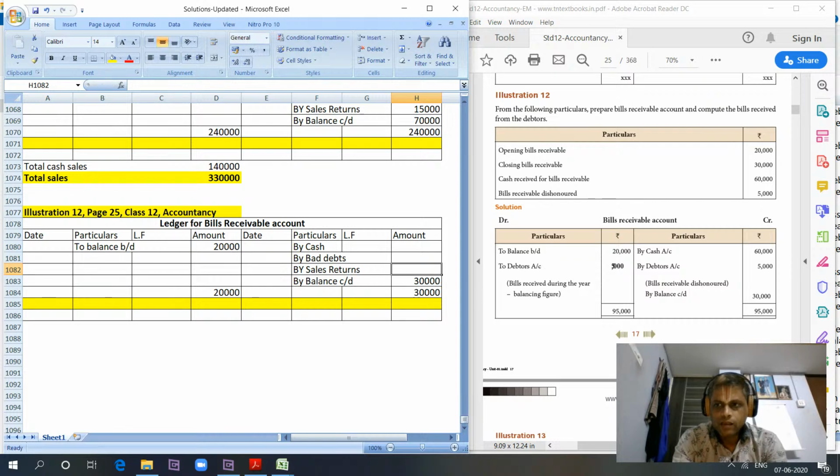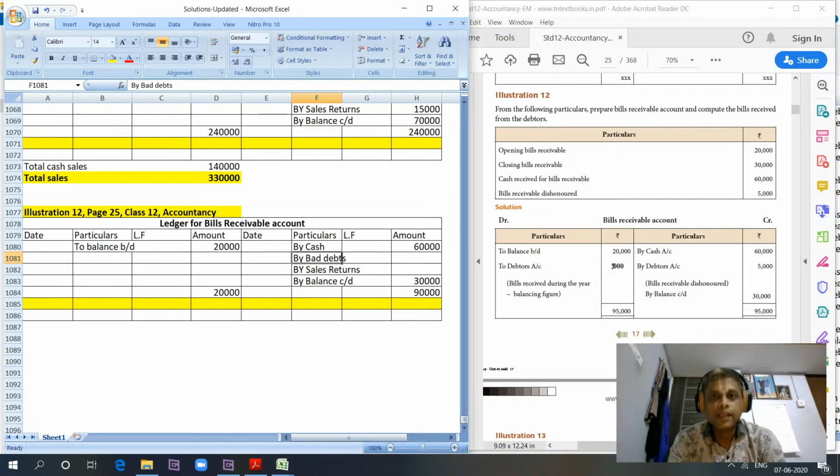Then we have cash received for bills receivable, the bills settled by the customer, 60,000. Bills dishonored: as I said, at the due date the bill is presented to the customer and the customer has not honored the commitment. That's called bills dishonored. This has to be transferred back to the sundry debtors account.